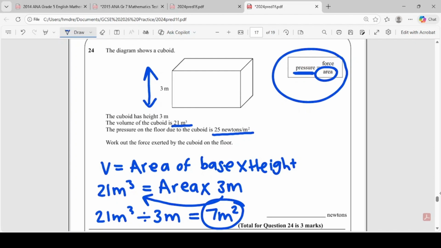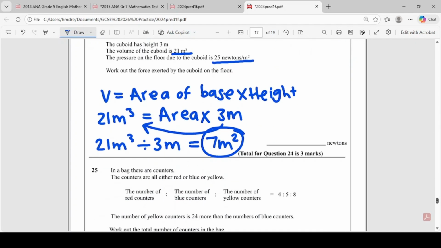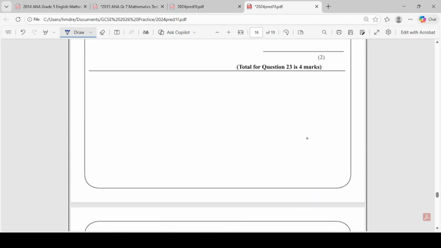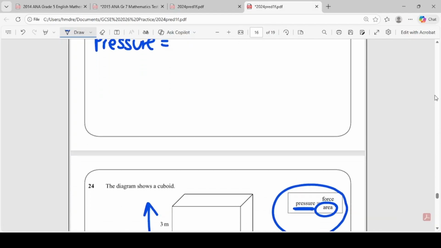Okay, and then if we look at that formula again, I'm just going to write it up here. So they tell us pressure is force over area.